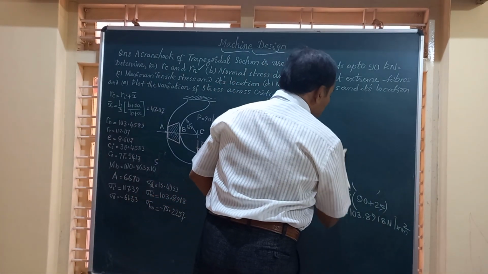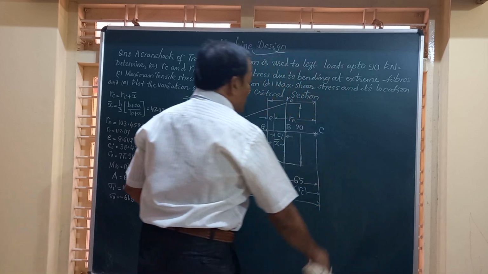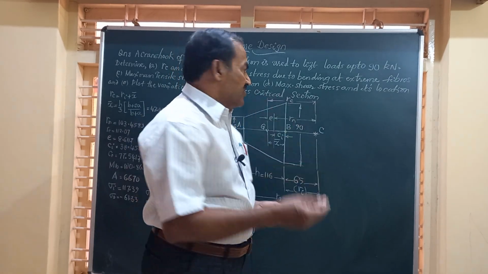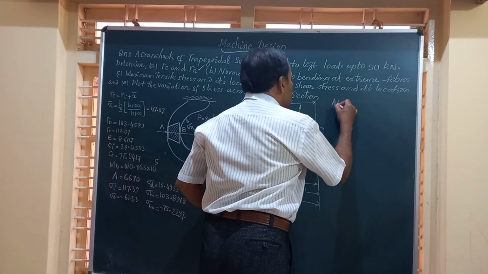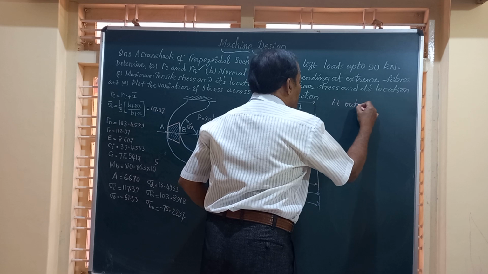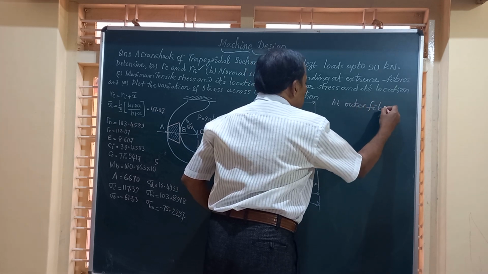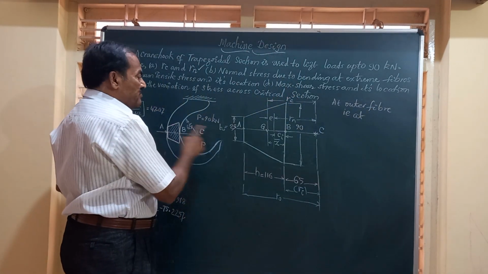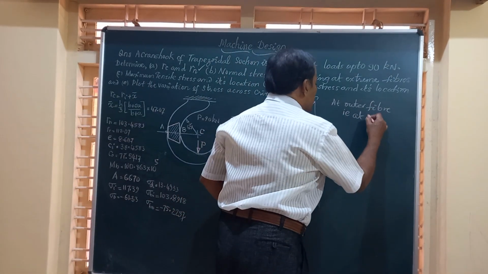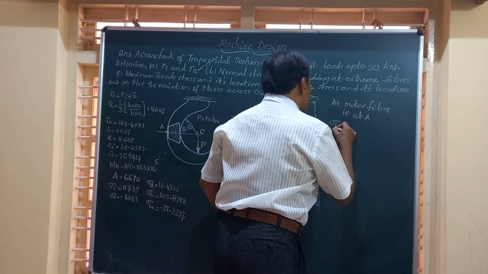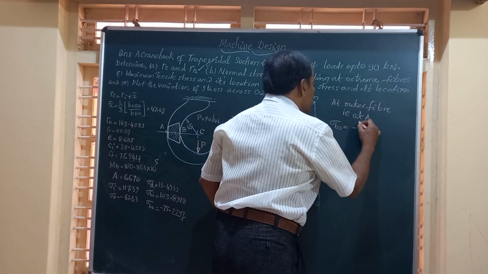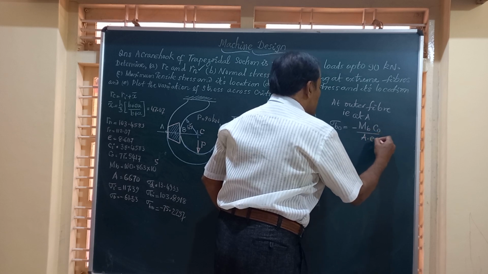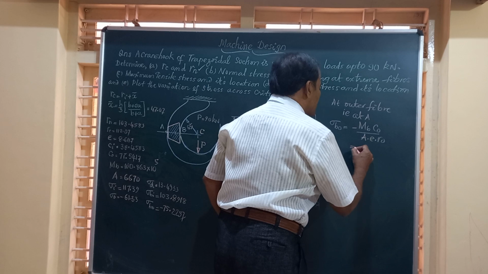Friends, on the same line, you can find out what is normal stress due to bending at the outer fiber, that is at A. A is the outer fiber. You can see here at A is given by sigma B naught is equal to minus MB C naught divided by A E R naught. Friends, you know all these values.